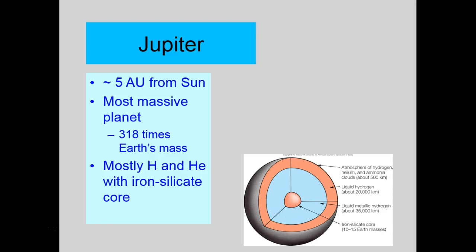35,000 kilometers. For comparison, the equatorial diameter of the Earth, this is across the Earth, is less than 13,000.